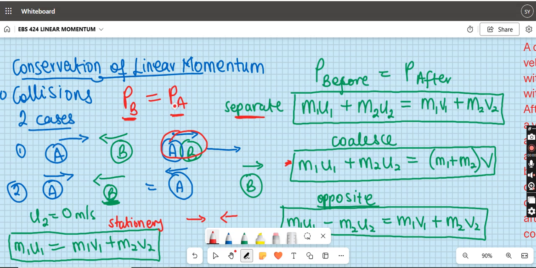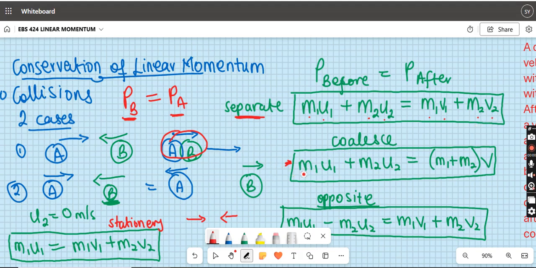Now, we were able to arrive at these formulas, and we said that if the two objects separate after collision, we're going to have m1u1 plus m2u2 being equal to m1v1 plus m2v2.